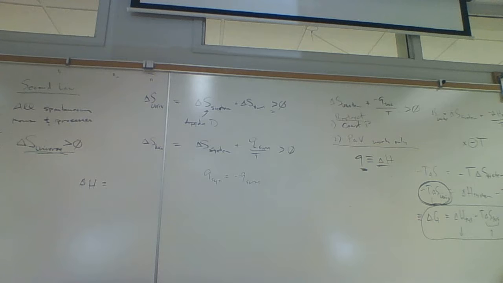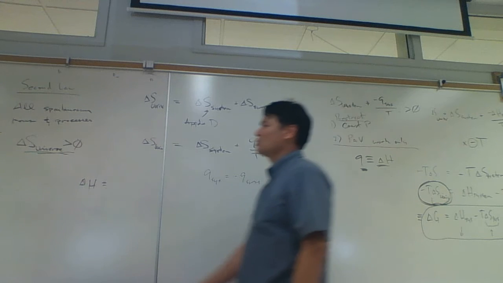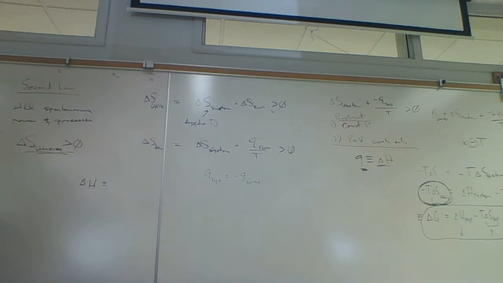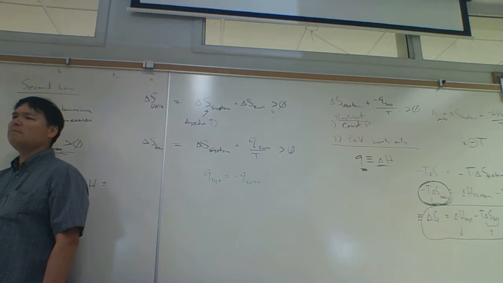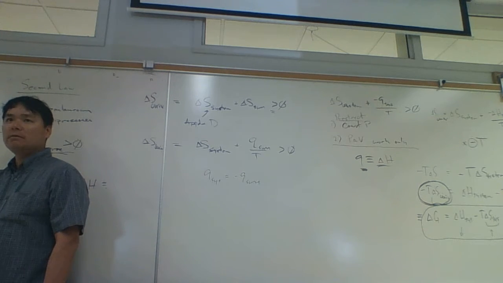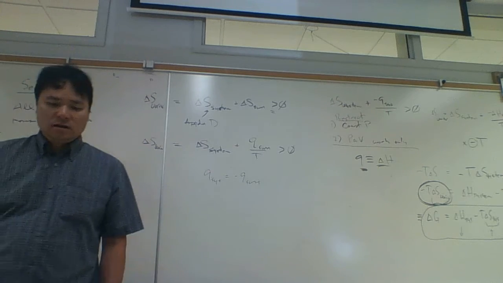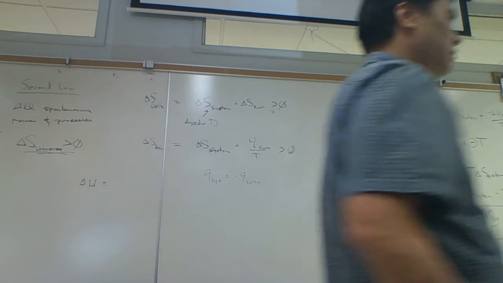And so if this reaction releases a lot of heat, then it's converting potential energy into heat. Potential energy is much more usable because we could go straight from potential energy into work, rather than going straight from potential energy into heat. So the more heat we dump into the surroundings, the higher the entropy will go up.